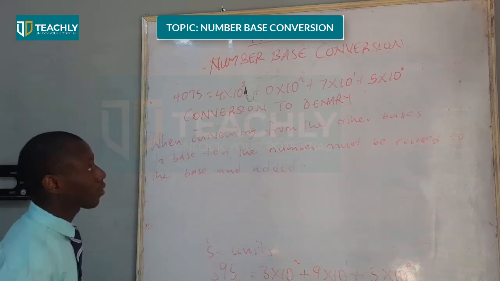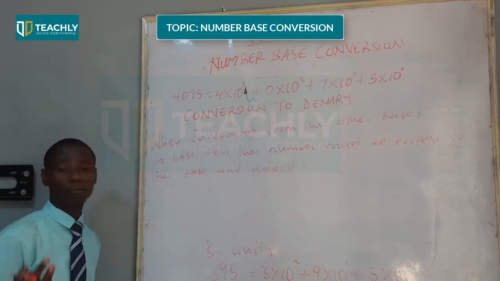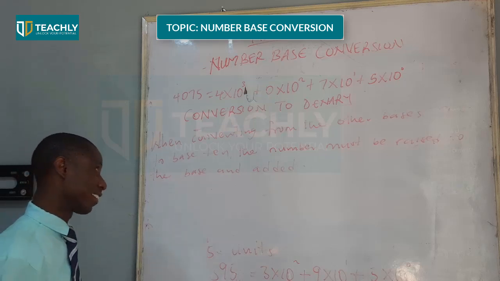So what I'm saying generally here is conversion to denary means converting a number from one base to base 10.